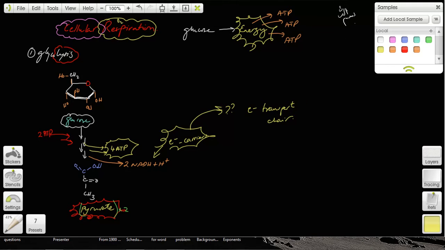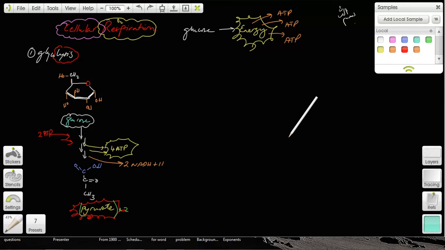So these are taxi molecules, so to speak. They taxi the high energy electrons to the electron transport chain. And this is where we're going to produce the bulk of the ATP in cellular respiration. The majority of the ATP produced in cellular respiration occurs in the electron transport chain. But we're getting a little ahead of our story.